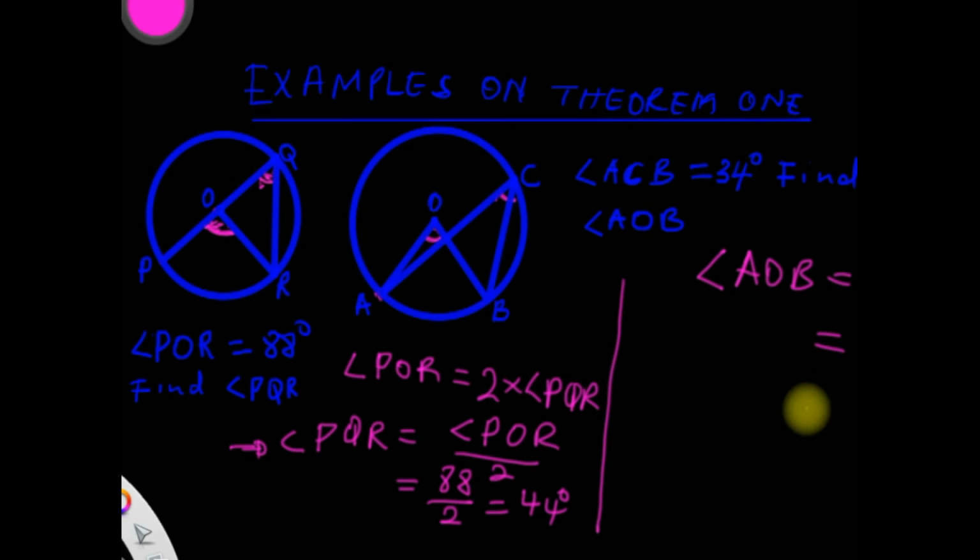So what will be the answer? The answer will be 68 degrees. So angle AOB is equal to 68 degrees. So this is the angle at the center, equal to 68 degrees, and this angle is also equal to 34 degrees.